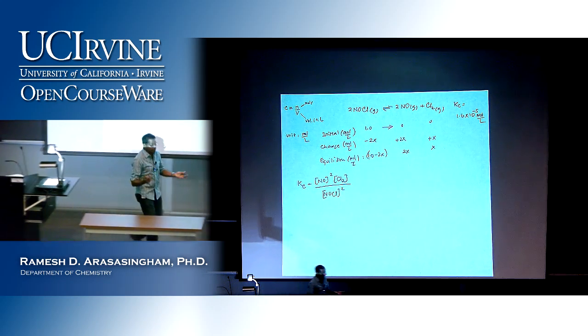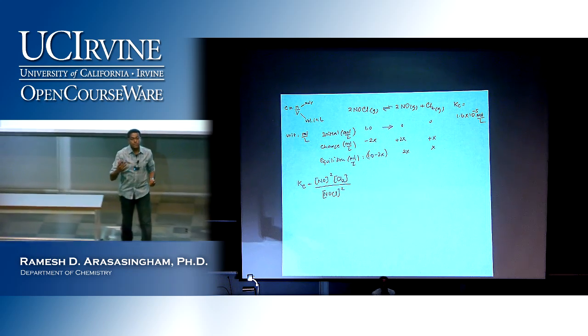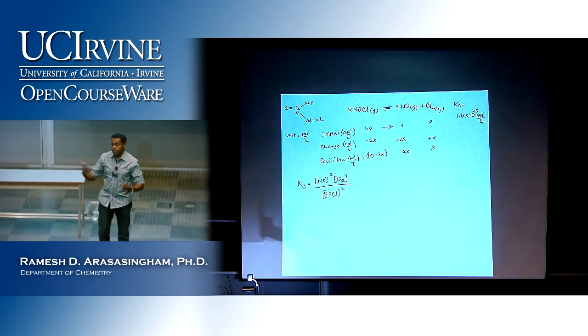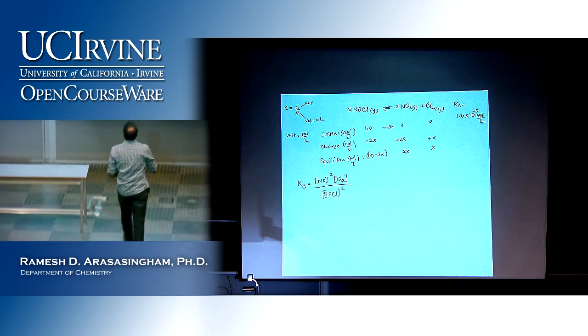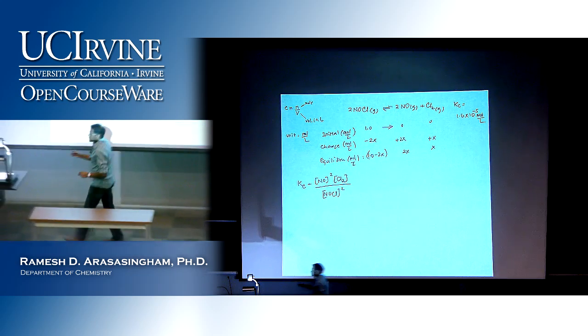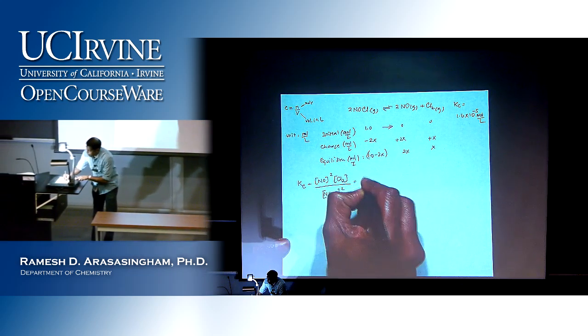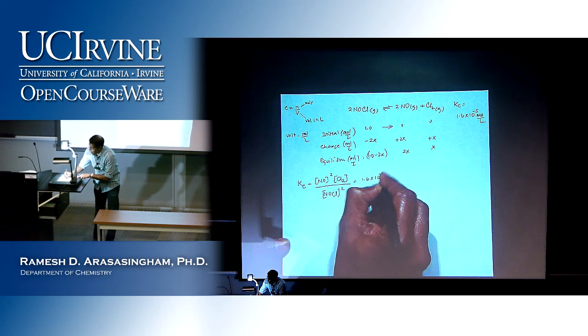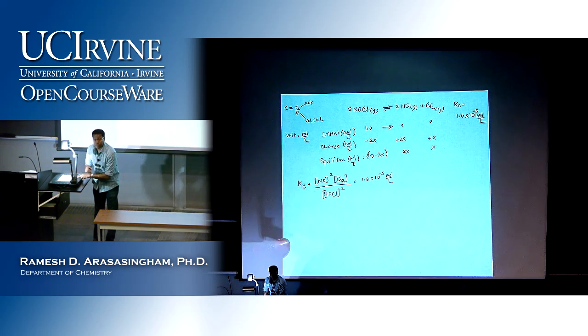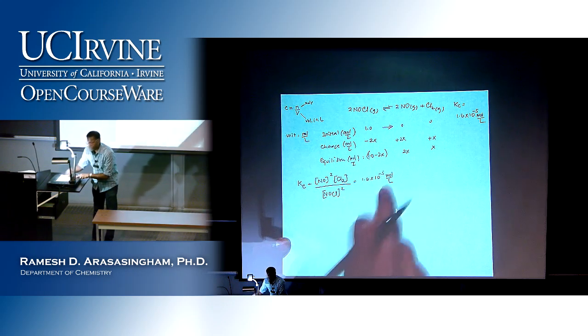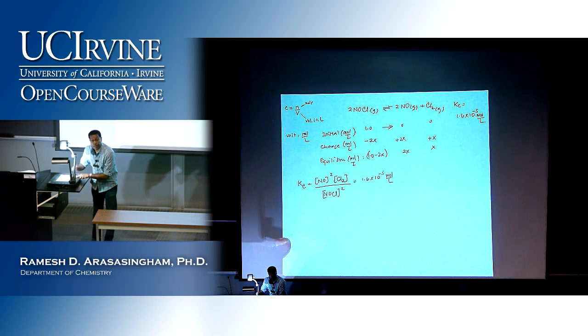So this is the law of mass action, or this is the law of chemical equilibrium. And we know that Kc is 1.6 times 10 to the negative 5 moles per liter. Remember, equilibrium constants do have units, and those units will depend on the law of mass action.